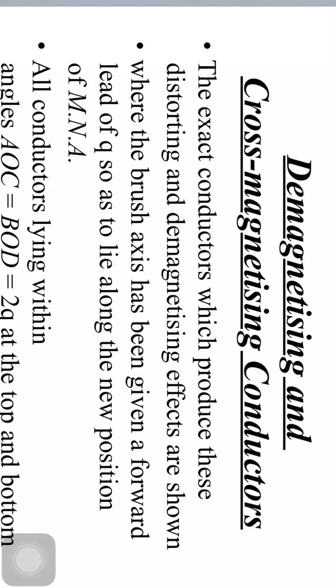Under such a condition, the armature reaction produces two effects. One, it demagnetizes or weakens the main flux. Second, it cross magnetizes or distorts the main flux. And we have seen in the diagrams how this distortion happens.